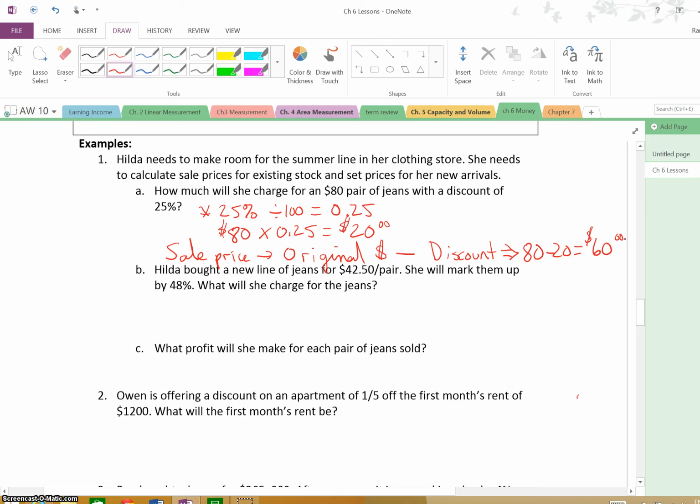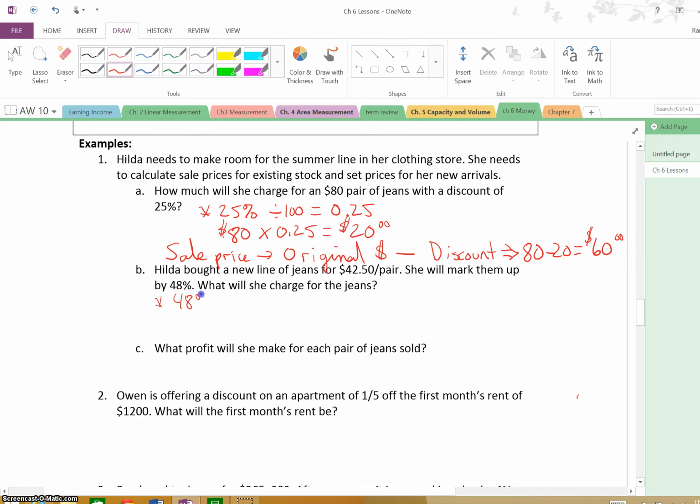Okay? Now she's getting rid of the older stock and bringing in her new stock. She's buying them at $42.50 per pair, and she wants to mark them up so she can make a profit. She's going to mark them up by 48%. So again, first thing I'm going to do is find out what 48% is as a decimal. So I divide that by 100, which is 0.48.